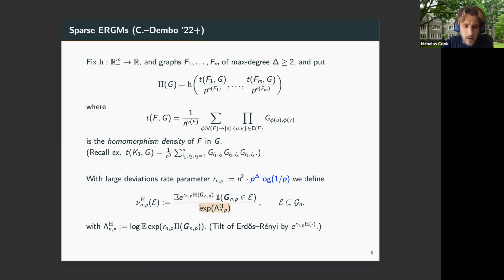Our normalizing constant is now just the exponential of the moment generating function for the Hamiltonian. On the first slide, I could have also phrased that as a tilt of the dense Erdős-Rényi model. We want to apply large deviations theory for the Erdős-Rényi model, so it's more convenient to set things up as tilts of the Erdős-Rényi distribution.